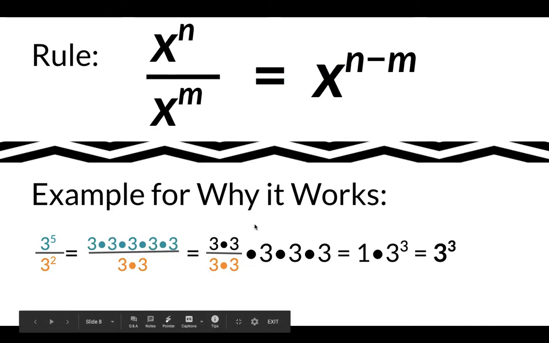We simplify all this: 3 over 3 times 3 over 3 becomes 1. Then we still have 1, 2, 3 threes, so we write that as 3 to the 3rd power. To simplify further, 1 times 3 to the 3rd is 3 to the 3rd.